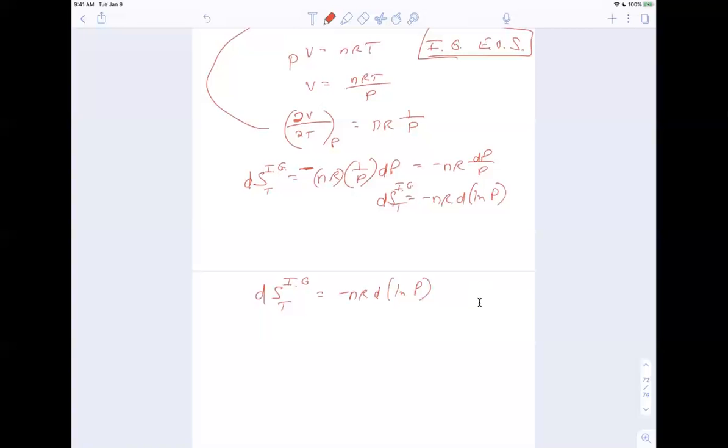Since pressure is a state function, as is S, log P is a state function, as is S. So delta S at constant T, which is S at T2 minus S at T1, is going to be the integral. I'll take the minus nR out because that's just a constant, and that's going to be the integral of d natural log of P from P1 to P2.